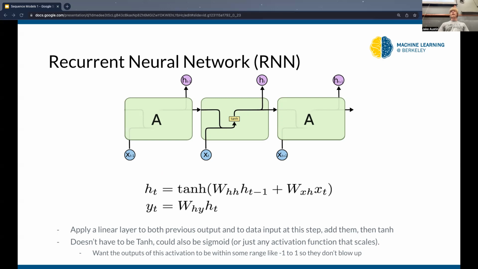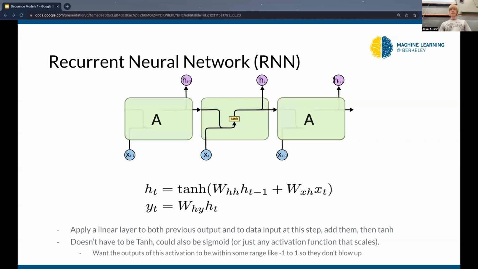Again, it basically boils down to doing a simple linear layer on our previous activation and our current time step's data, just to do some kind of processing on it.